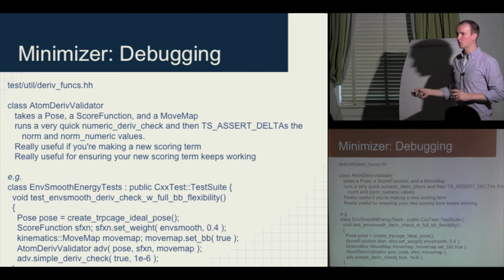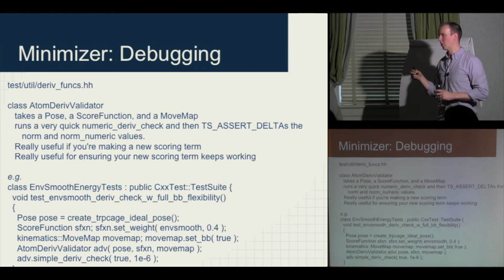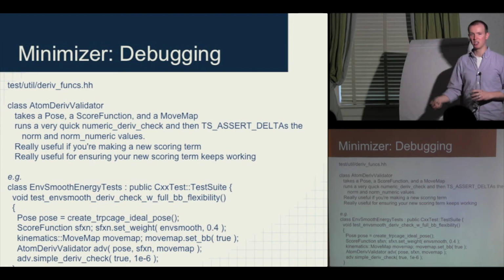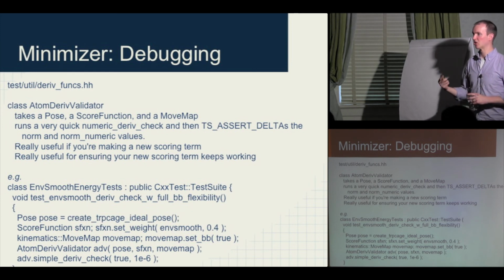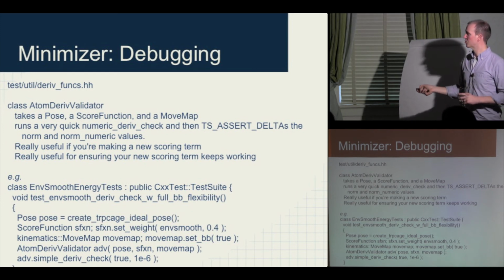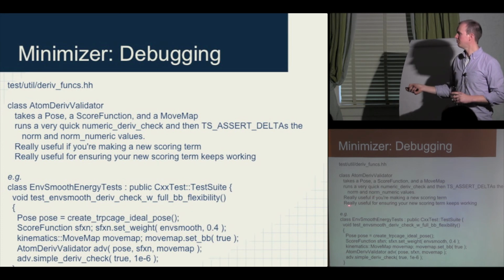If you're defining a new scoring term, it's much easier to get the derivatives correct within the unit test suite than it is to try and run minimization, say, in the middle of relax, or to write your own application that's just going to test your energy function.